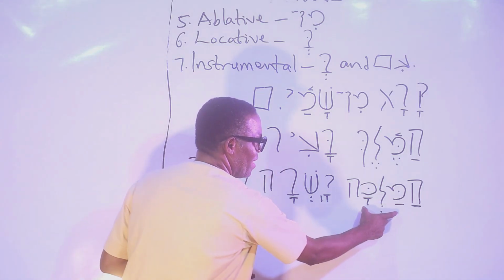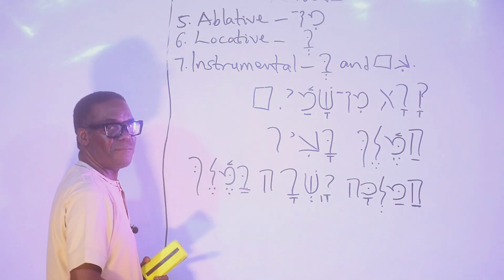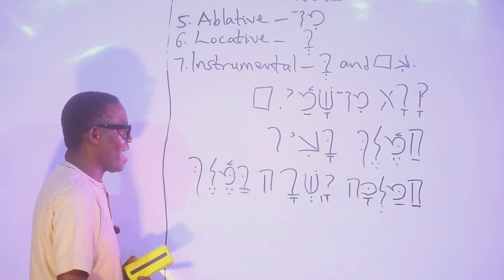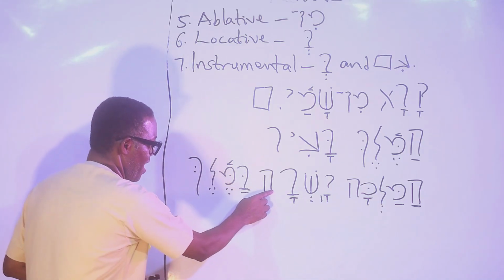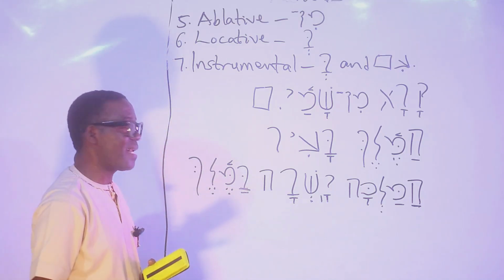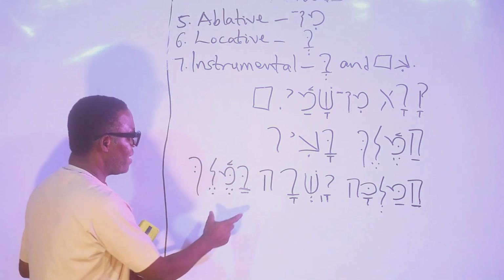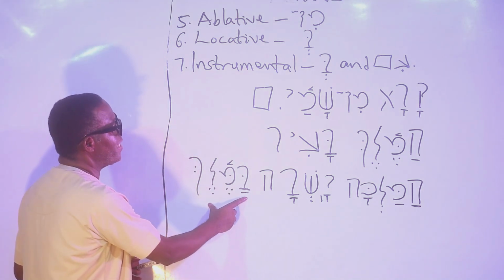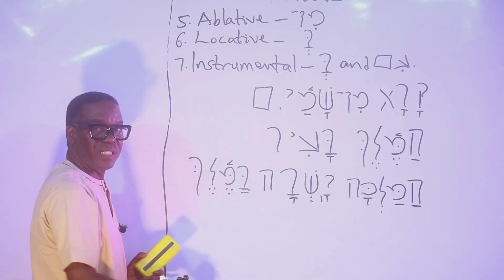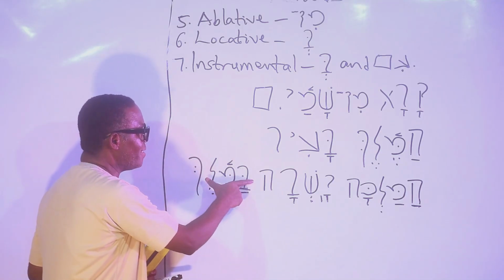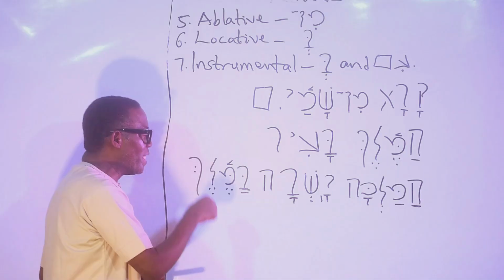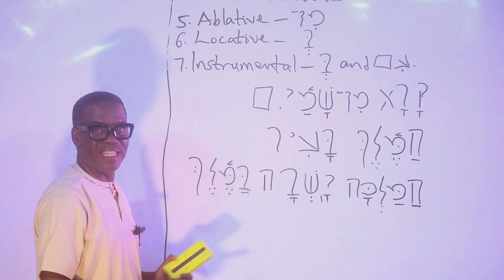This is the king, the queen, Amalka. Then Yasheba is the verb sat or sit. Then this is where we use the instrumental with. Bamelech is seated with the king.